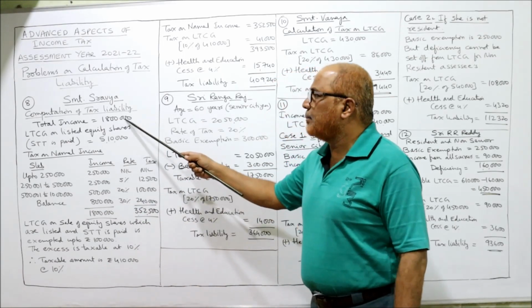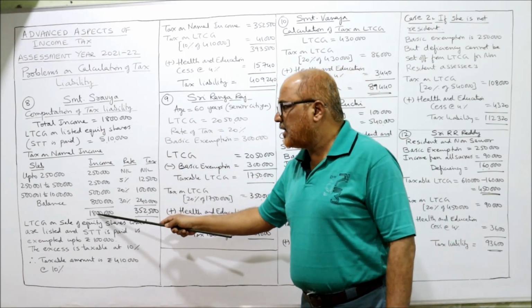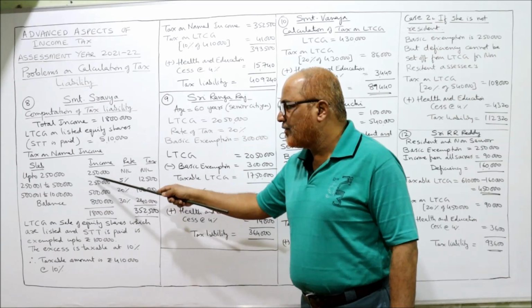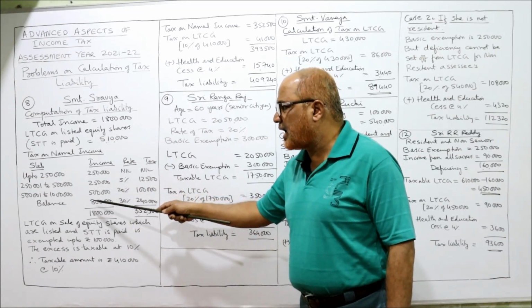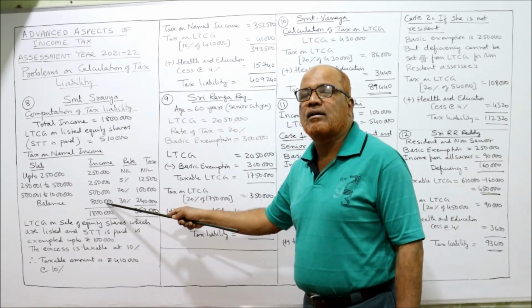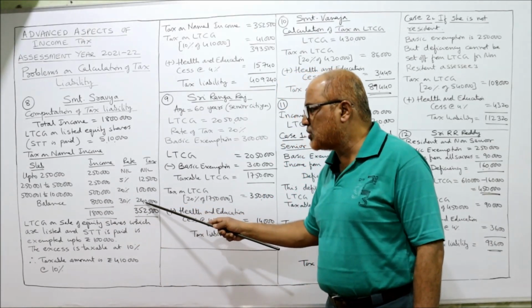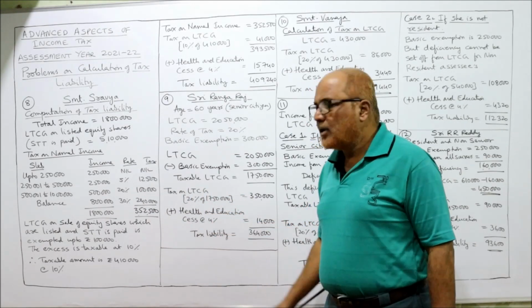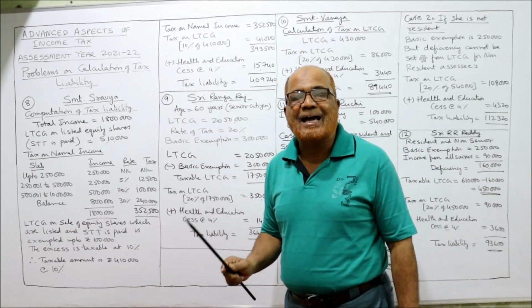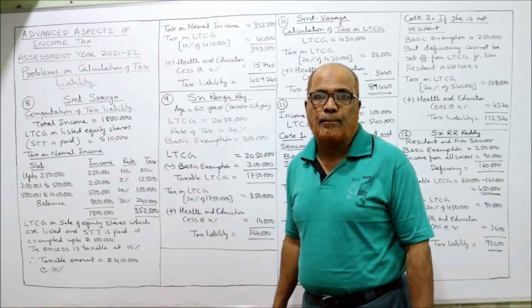How much is the total income? 18 lakh. So 18 lakh minus 10 lakh, after deducting the first 3 slabs, the balancing figure is 8 lakh. On 8 lakh, 30% is 2,40,000. So the total tax is 3,52,500. 3,52,500 is the tax on normal income.